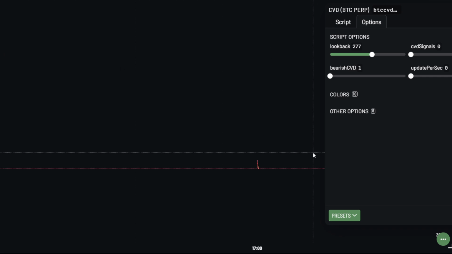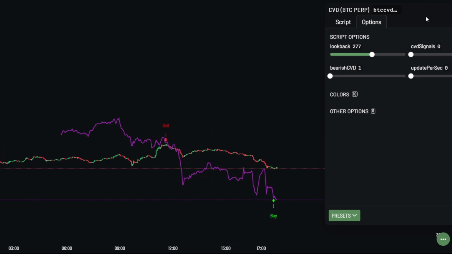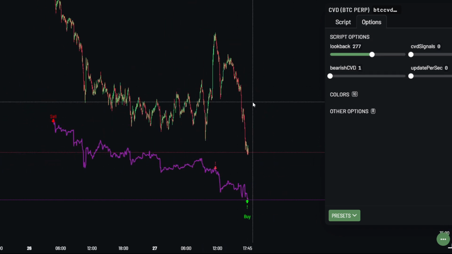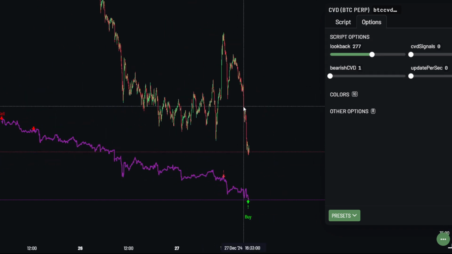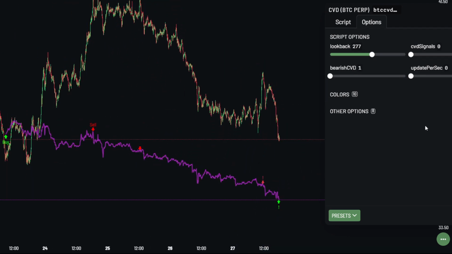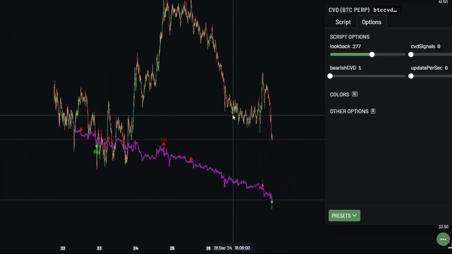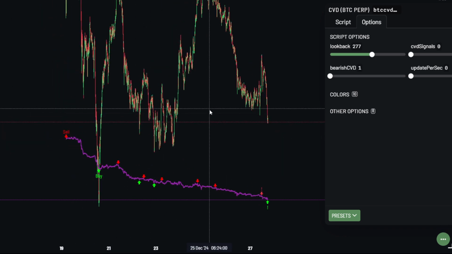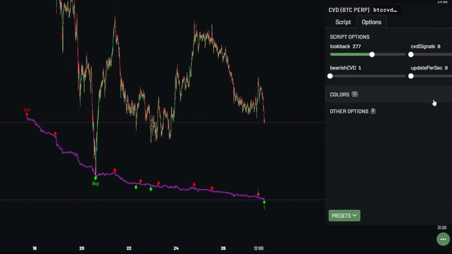However, if you want to get even closer, let's see the 3 minute, where we get more detailed CVDs. Yes, okay, it needs to calculate more. The more we zoom out, the more information and calculation we get for the volumes.